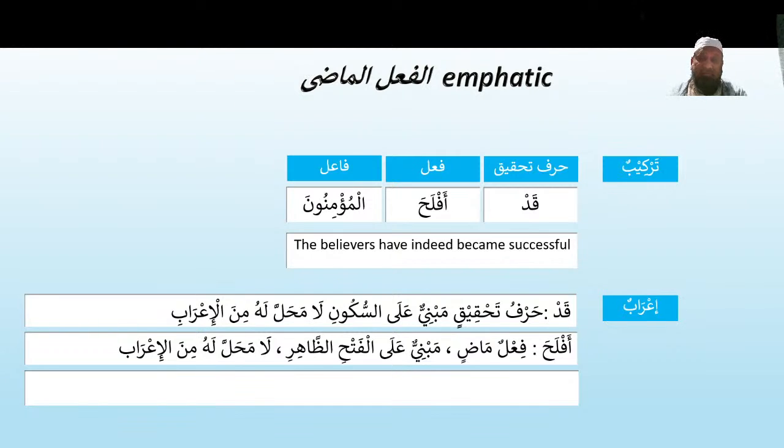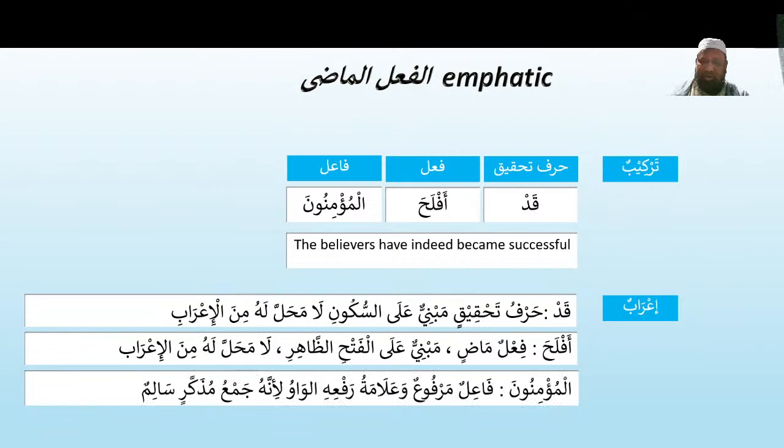It is a 4-letter verb. أفلح فعل ماض مبني على الفتح الظاهر لا محل له من الإعراب. And we did the إعراب of جمع مذكر سالم. المؤمنون فاعل مرفوع وعلامة رفعه الواو لأنه جمع مذكر سالم.